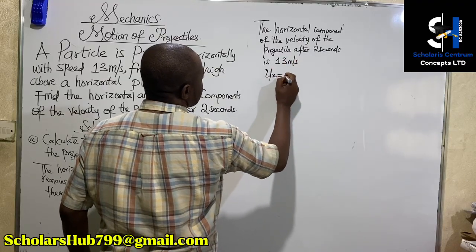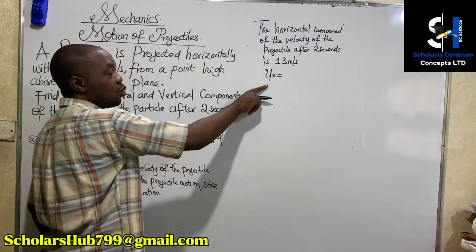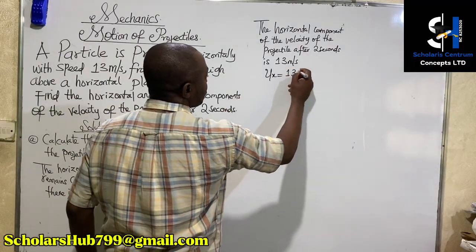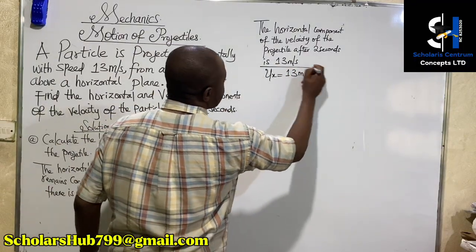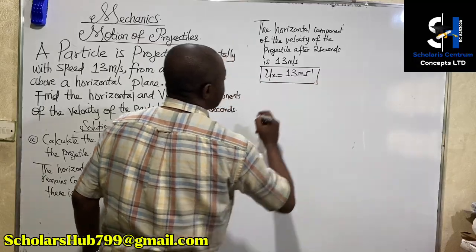So ux, which is the horizontal component of velocity, is equal to 13 meters per second.